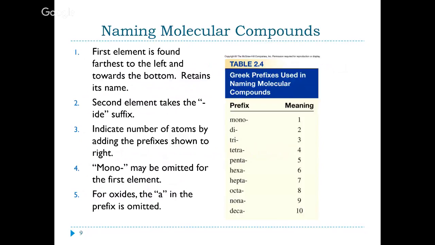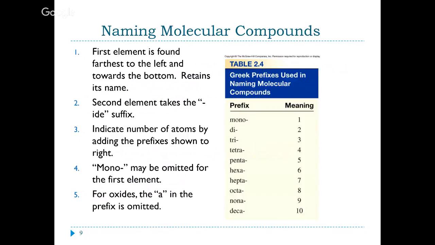This is because it's typically the larger element, which allows the smaller elements to bond around it. These are always going to be binary compounds, so you'll only have two different types of nonmetals, or potentially a semi-metal and a nonmetal. But molecular compounds will never have metals in them.